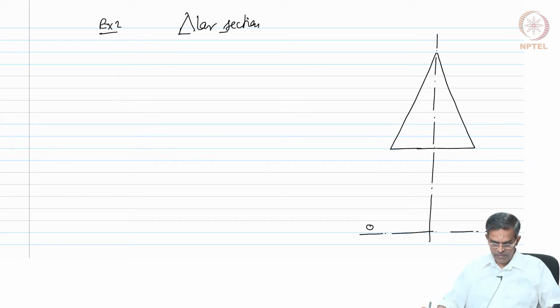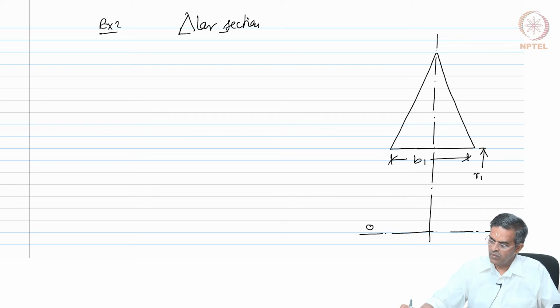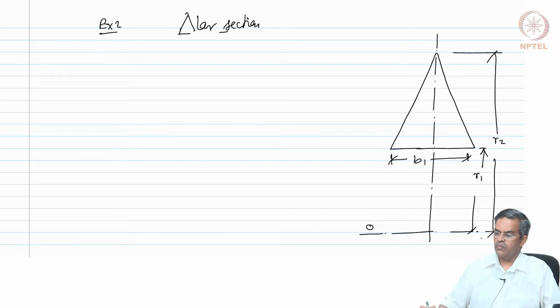Plane of reference. The triangle has value B1 here and this is R1, and this value is termed as R2. The triangle has a CG somewhere here and we mark that distance from here as R.